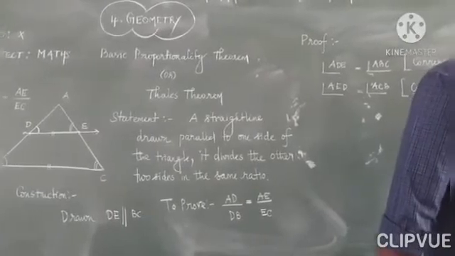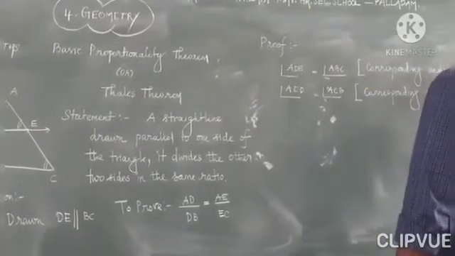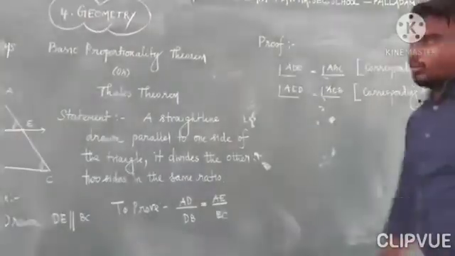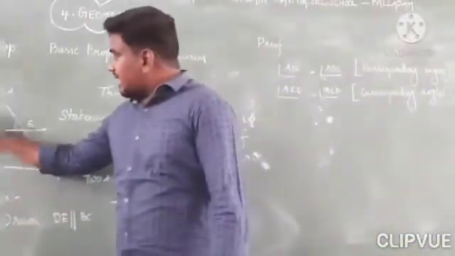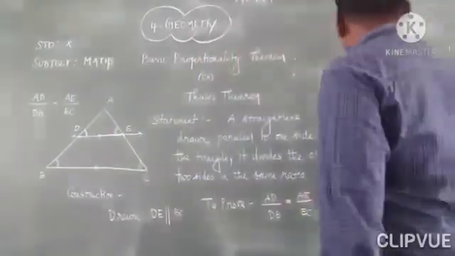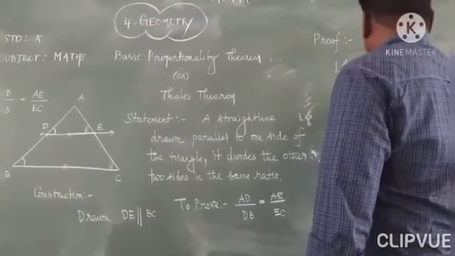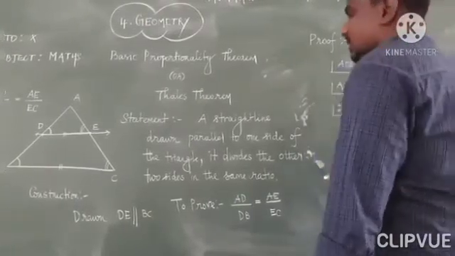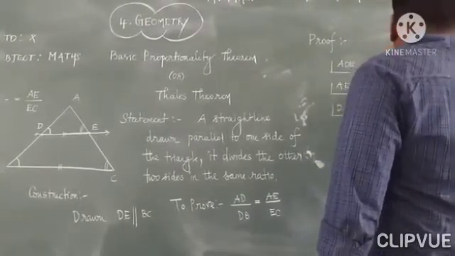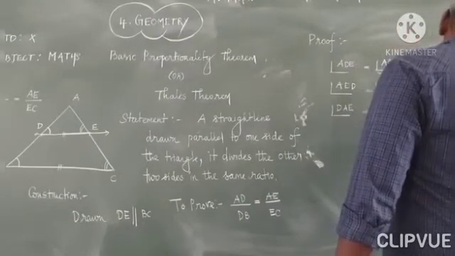This is also corresponding angles. Then one more, DAE equal to BAC, that is a common angle. Angle A is common. Angle DAE is equal to angle BAC, common angle.